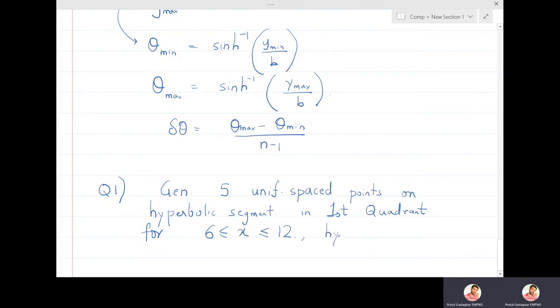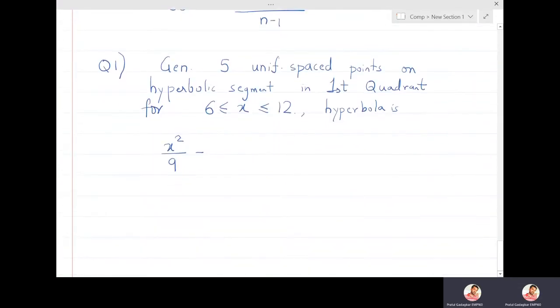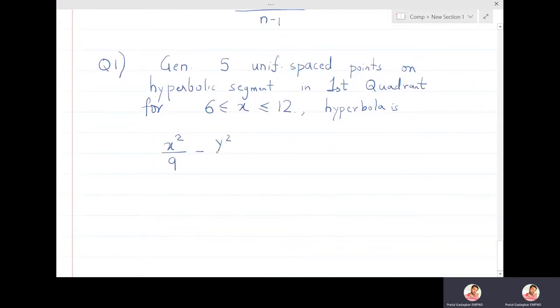The hyperbola is x square upon 9 minus y square upon 4 is equal to 1. Okay, solution.